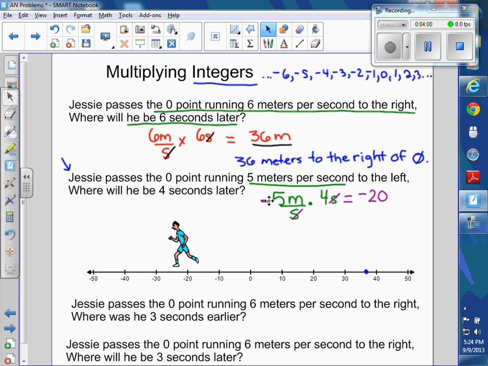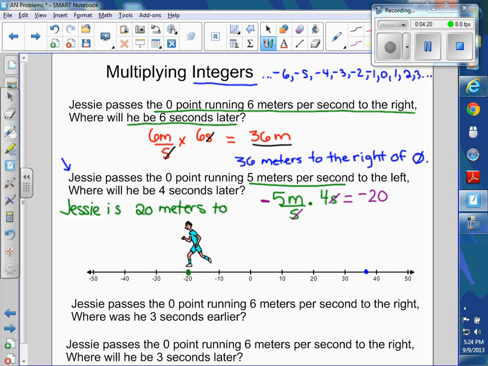So Jesse would end up being right here. So he would be at the point negative 20, but we would also say Jesse is 20 meters to the left of 0.